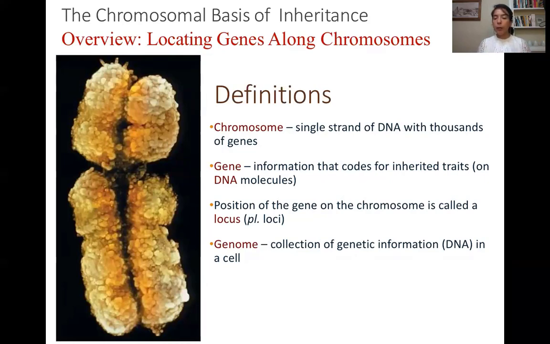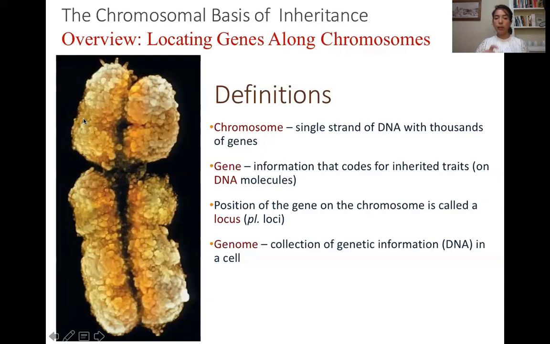Now, you probably have heard the word locus, and the plural is loci. That's going to be the position of the gene in a chromosome. So here we have our chromosome in metaphase. And the locus is going to be a position in this chromosome.